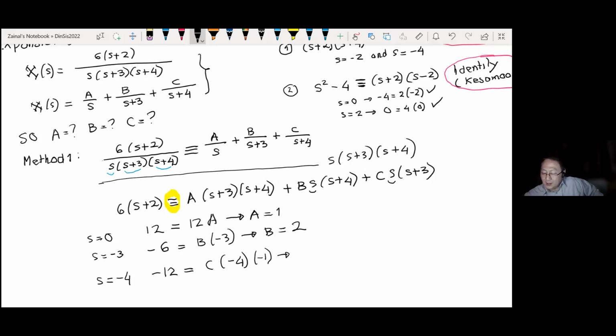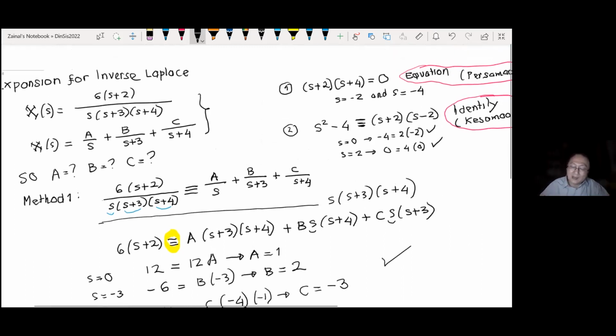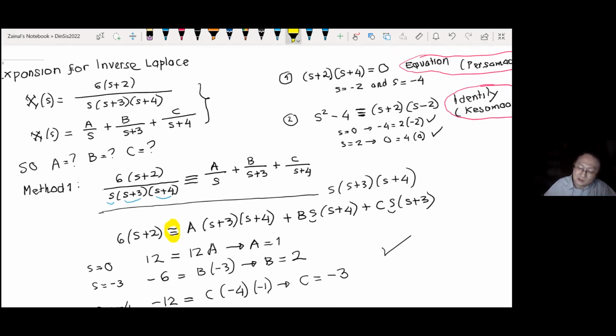C multiplied by minus 4 multiplied by minus 1 is equal to 6 multiplied by minus 2. So this one is 4c equal to, so c is equal to minus 3. So you can find this one, and when you find this one, you can apply inverse Laplace very easily.